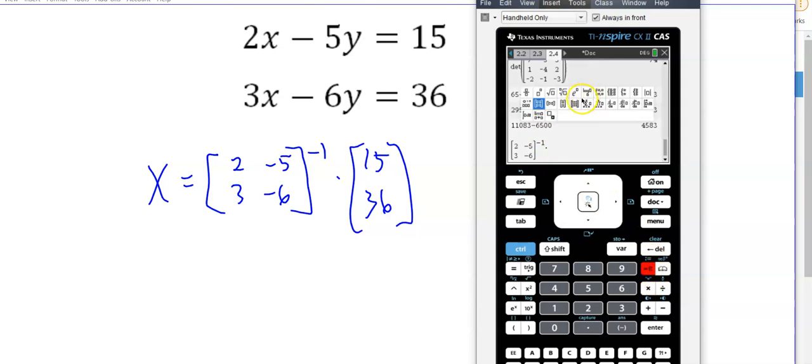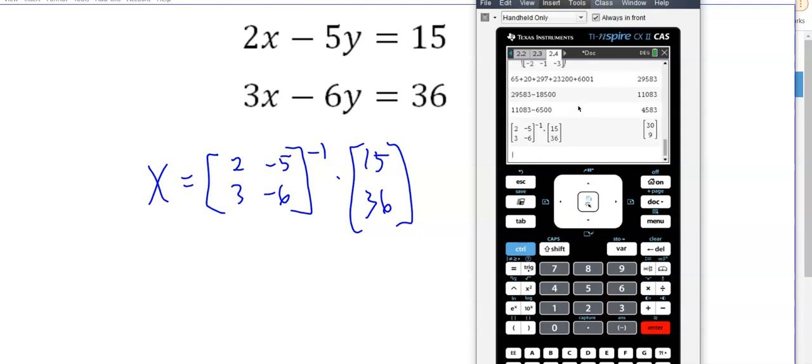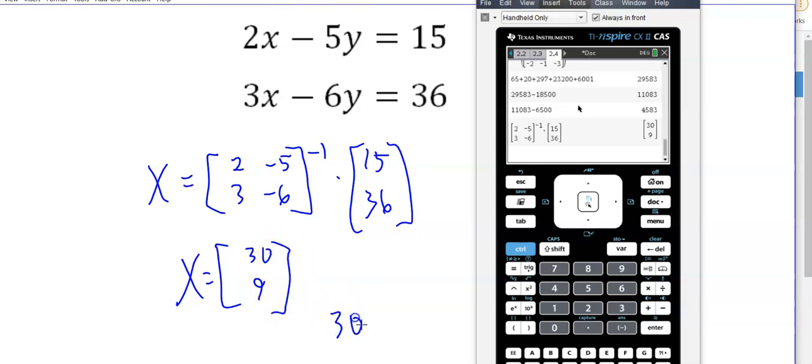So I'm going to customize it. 2 by 1, and that's going to be 15 and 36. The variable matrix is 30 and 9. I don't want that answer written like that. That's your x, that's your y. So the answer would be 30, comma 9 in parentheses. That's my x and that's my y.